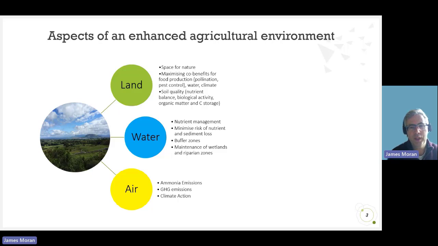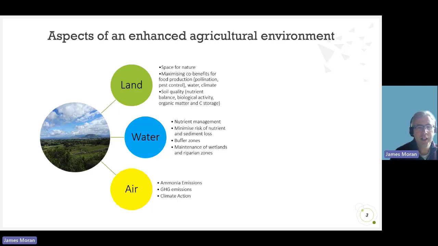Examples of how this might be done are, on land, for example, space for nature and maximizing co-benefits for food production through pollination and pest control, water availability and climate regulation, enhancing soil quality, the nutrient balance, biological activity, organic matter and carbon storage. In the water environment, through better nutrient management, minimizing risk of nutrient and sediment loss to water, use of buffer zones and maintenance of wetlands and riparian zones.